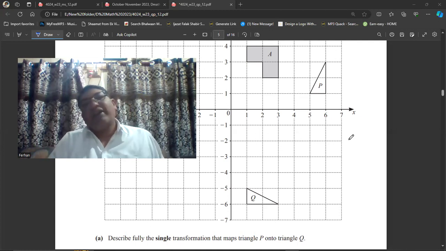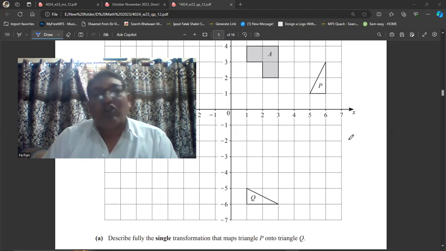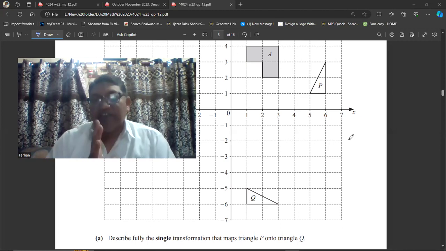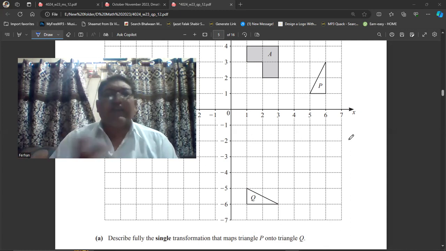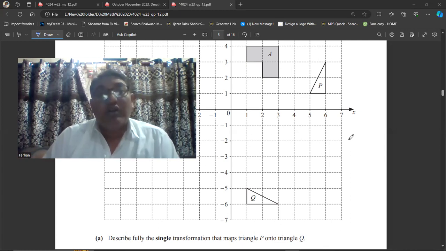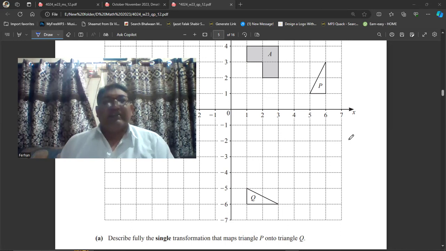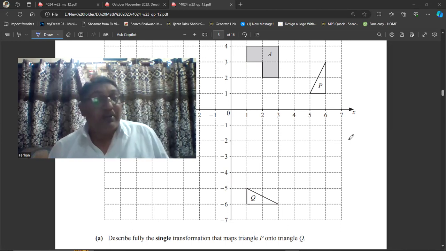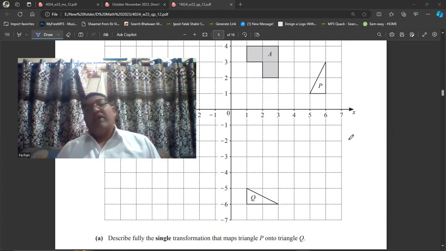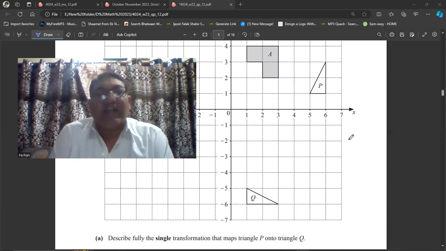Now, if you want to find out the center of rotation, the method is very simple. You join A with A prime, and you draw its perpendicular bisector. You take a vertex of the object, you join it with the corresponding vertex in the image, and you draw the perpendicular bisector of that line.